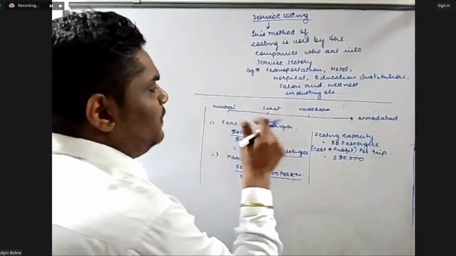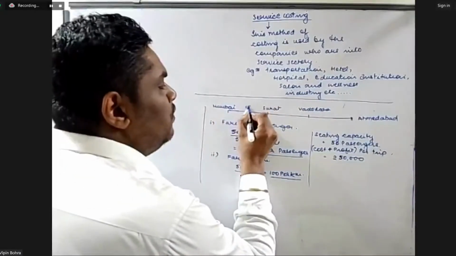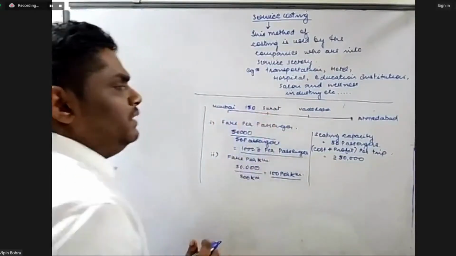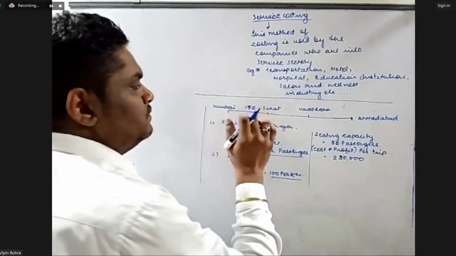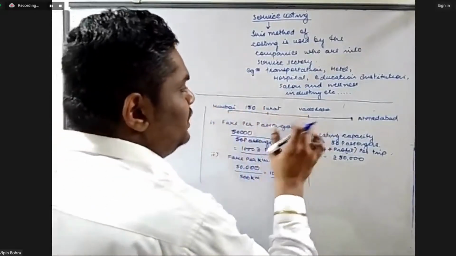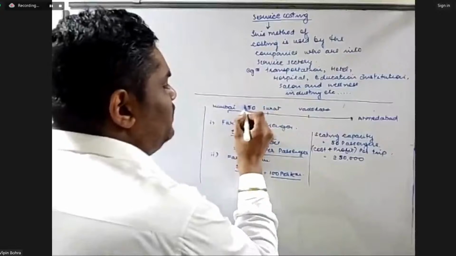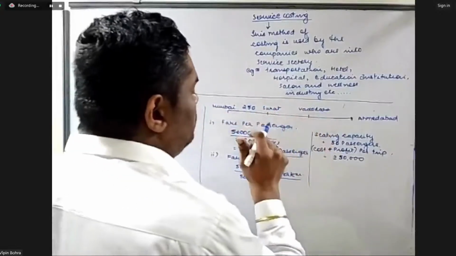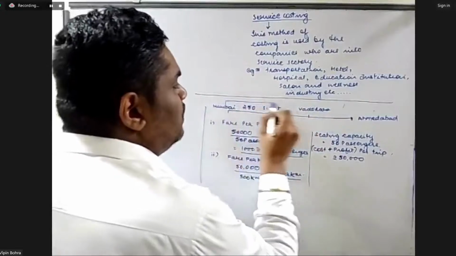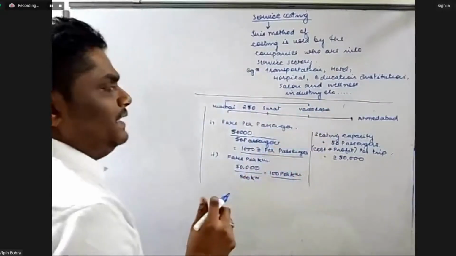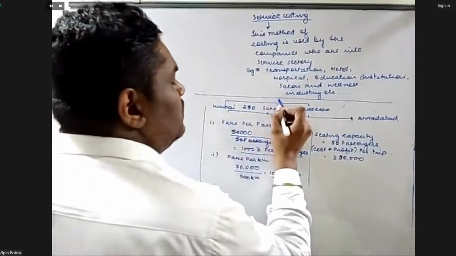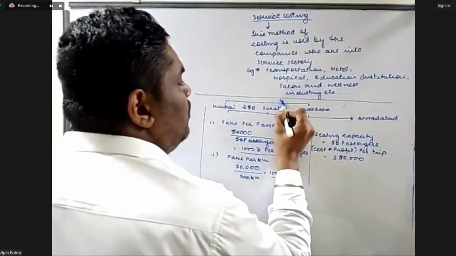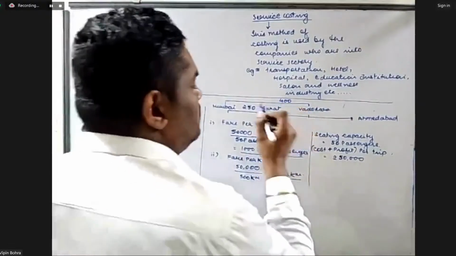Let's say the distance from Mumbai to Surat is 150 kilometers. Surat to Vadodara, let's say 250 kilometers. Let's say from Mumbai to Vadodara, let's say the distance is 400 kilometers.